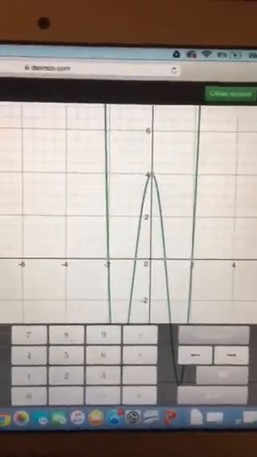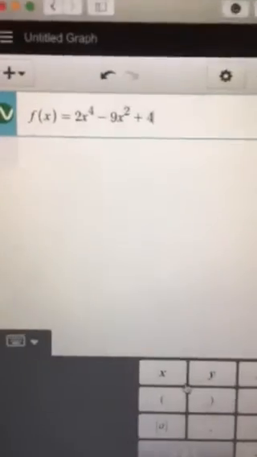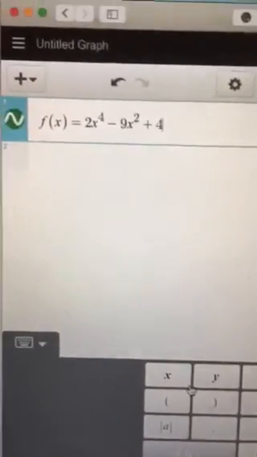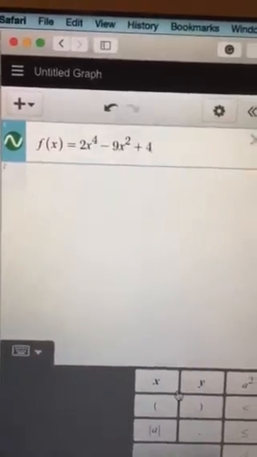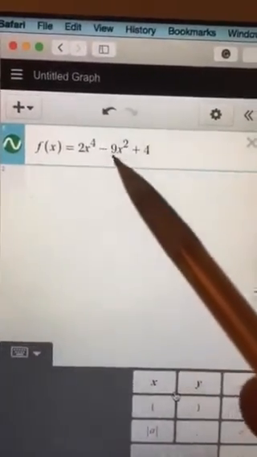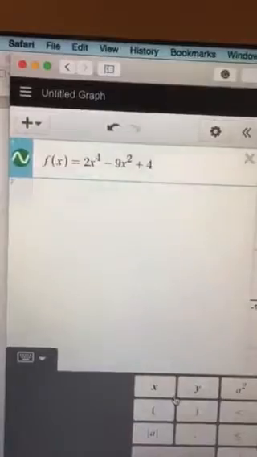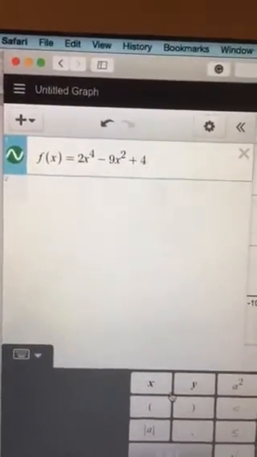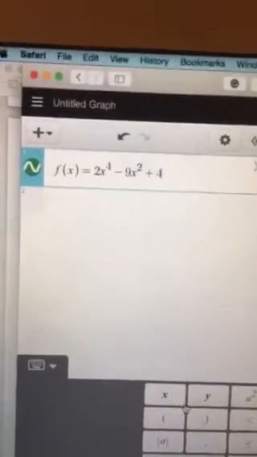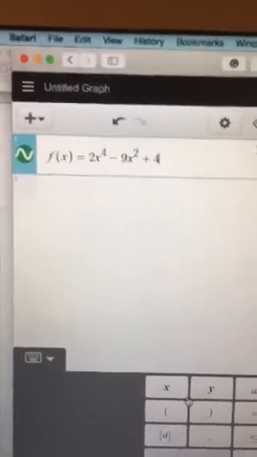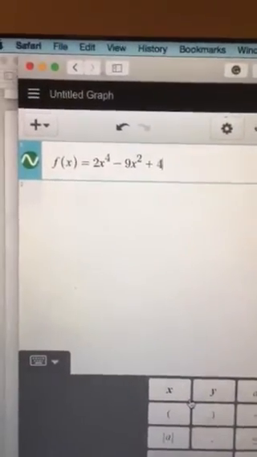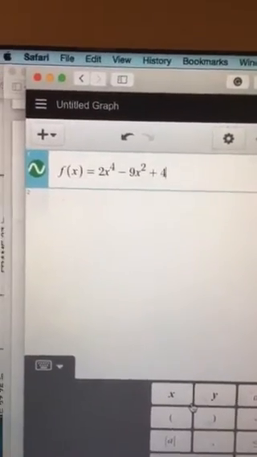And I want to take a look specifically at what this function looks like. Do you remember that degree question? I'm going to ask you to think about this before I point it out. This function has a degree of 4, because the highest power in this function is 4. And what that tells you is there's going to be 4 identifiable zeros. Now, your zeros could be real or they could be imaginary.